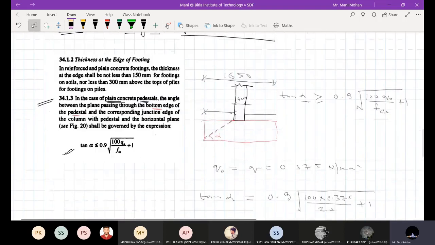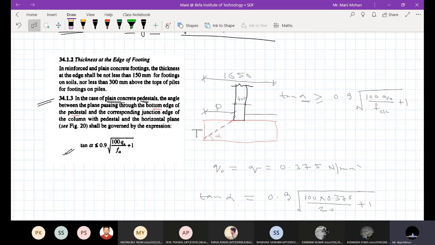Now from here, if I say T is the thickness of the footing, and this is my projection P, what is going to be tan alpha? Tan alpha is going to be T by P, is it not?